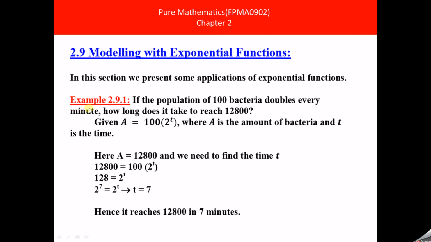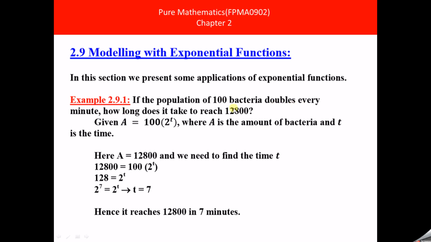Let us see this example. If the population of 100 bacteria doubles every minute, how long does it take to reach 12,800? The bacteria population is given in the beginning. It is 100. Starting, the bacteria is 100, and after that it doubles every time.